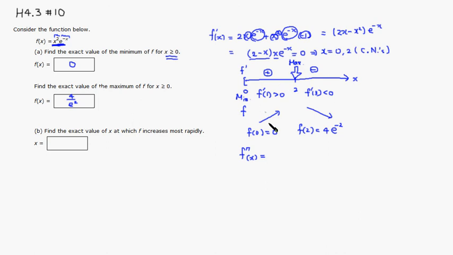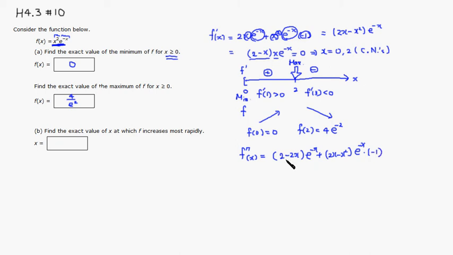If you take the derivative of that, you will get 2 minus 2x, times e to the negative x, plus the first guy, 2x minus x squared, times the derivative of the second, e to the negative x, then chain rule, multiply by negative 1.